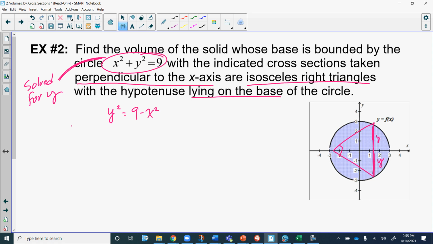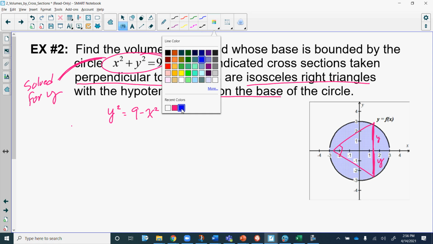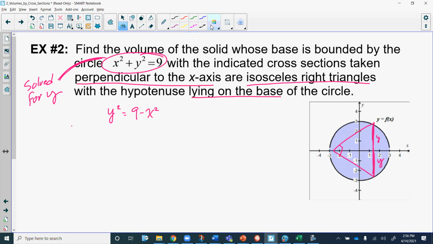In this case, let me go to a different color. The area that we wound up getting was 1/4 b squared, or side squared as I think I had it written before. So let's just write it as side squared, or side squared over 4.